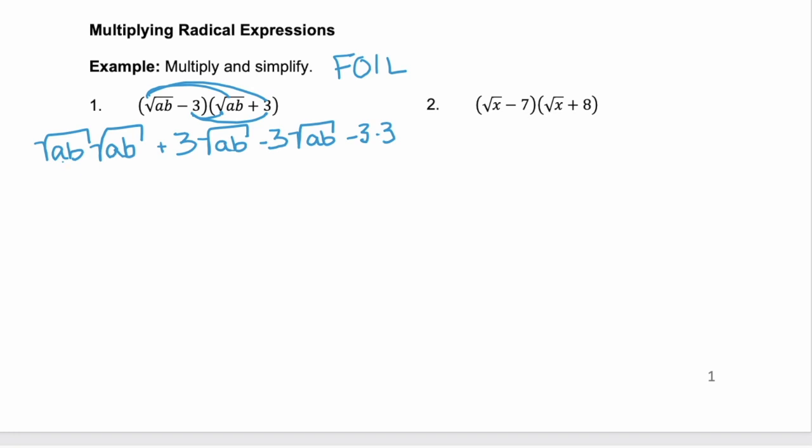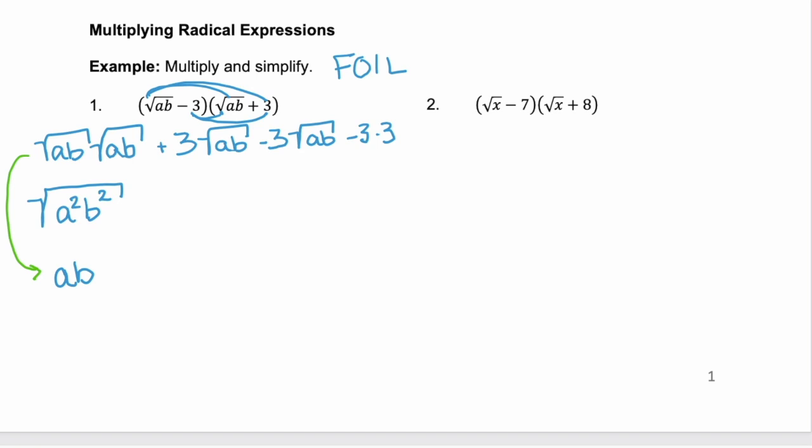Now notice when we multiply the square root of AB times the square root of AB, it's the same as the square root of A squared B squared. And that actually simplifies to just AB. So whenever you're multiplying the square root of something by itself, you just end up with the radicand.